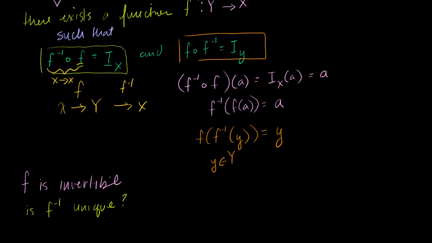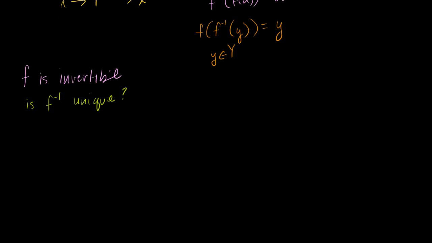To answer that question, let's assume it's not unique. So let's say there are two functions that satisfy our two constraints and can act as inverse functions of f. Let's say g is one of them. Remember, f is a mapping from x to y.